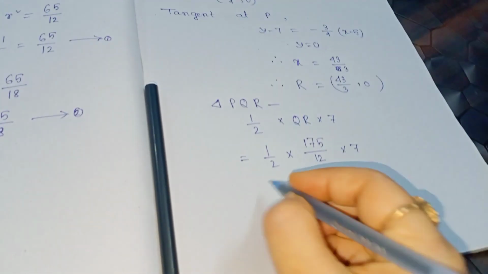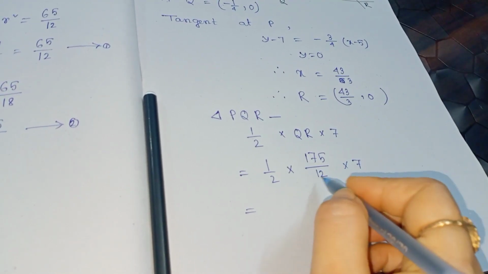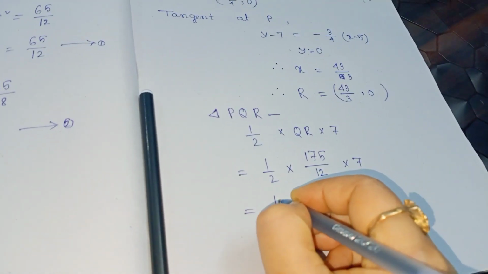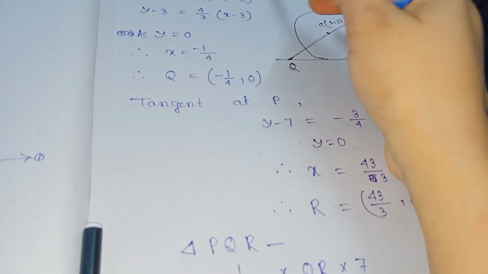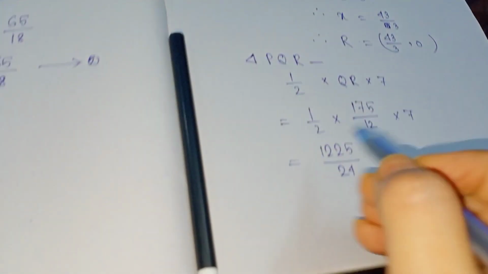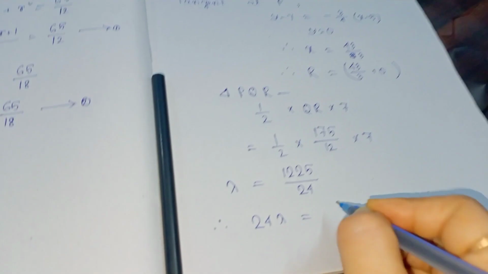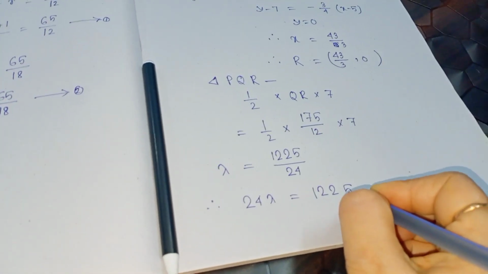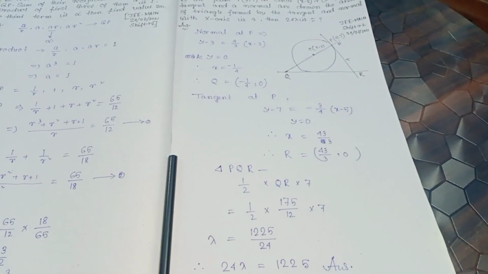So the area is 1225 by 24, and the area of the triangle formed by the tangent and normal with the x-axis is lambda, so 24 lambda is equal to 1225. It is our required answer, as the question asks for the value of 24 lambda. So 24 lambda is equal to 1225.